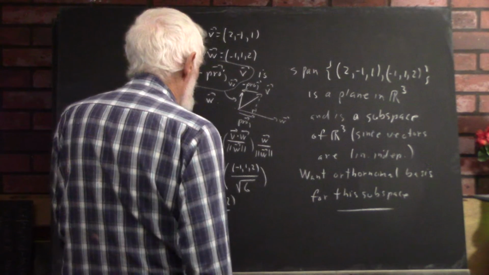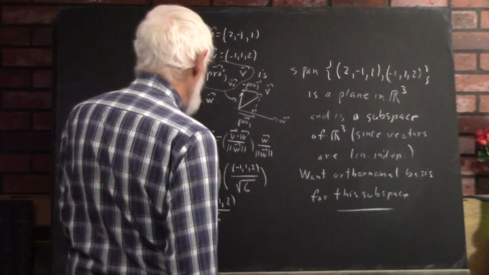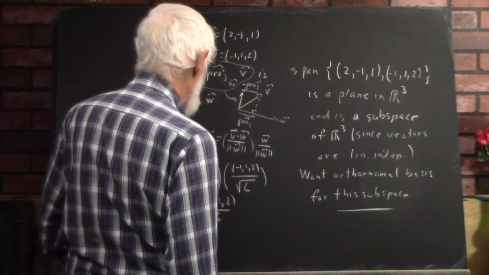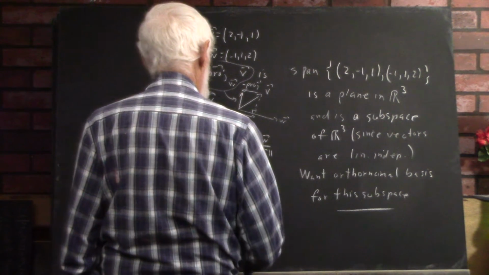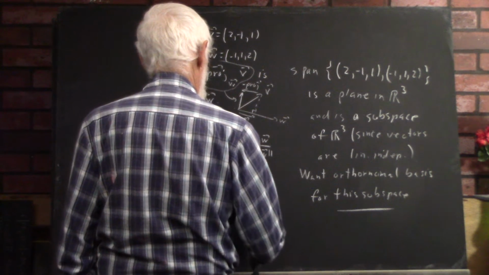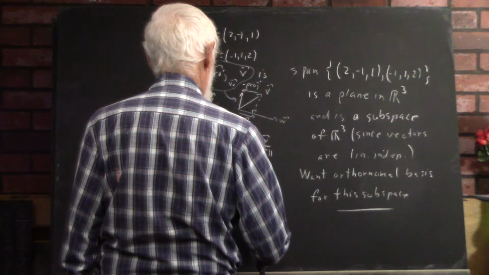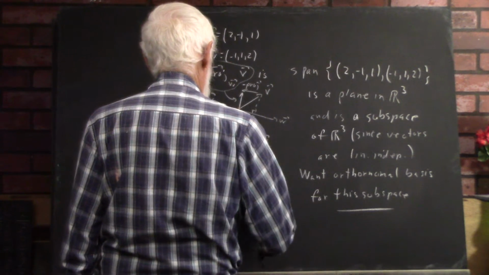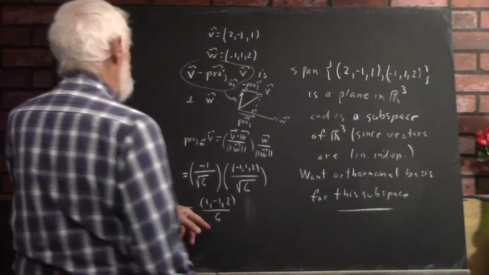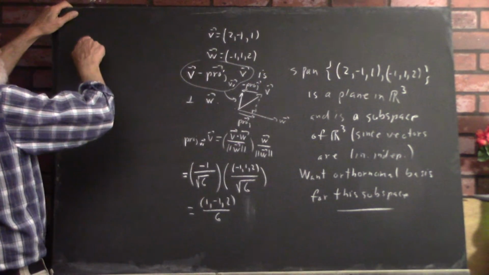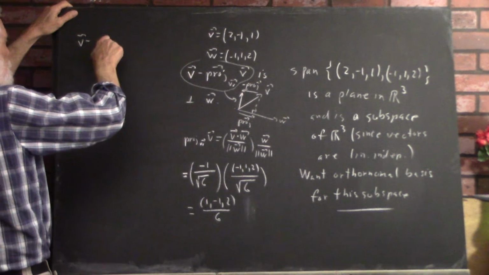So, this is a perfectly good vector. Never mind, that's the projection. Not what we're after. We're after V minus the projection.